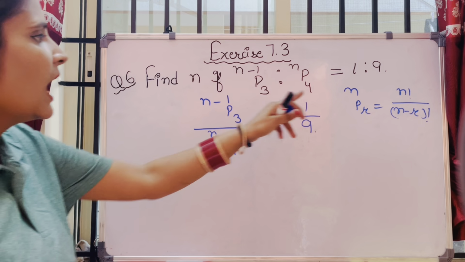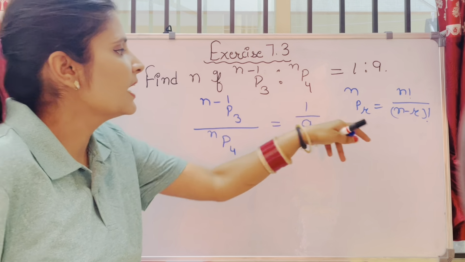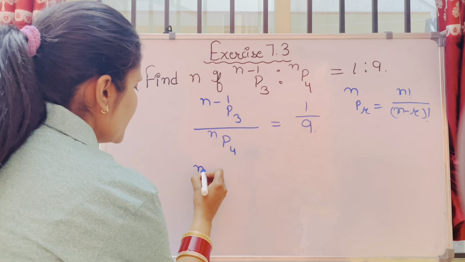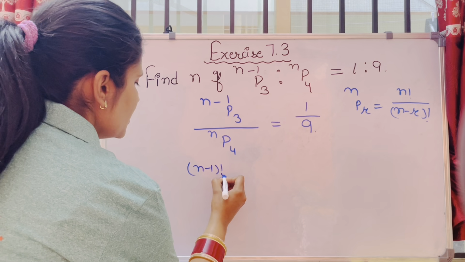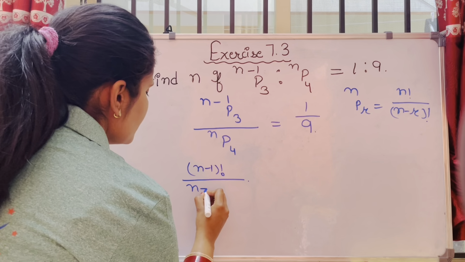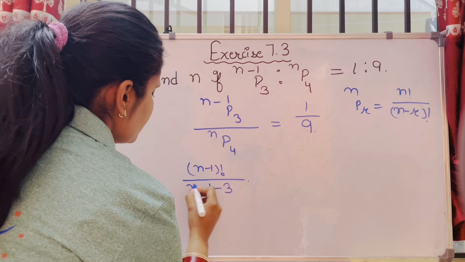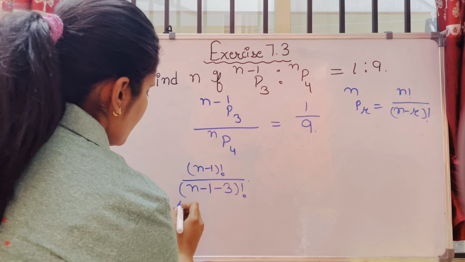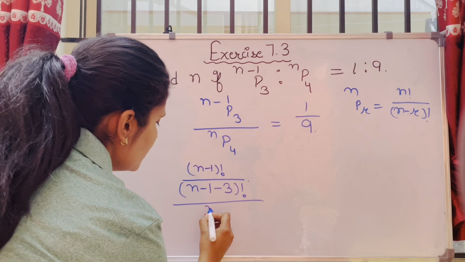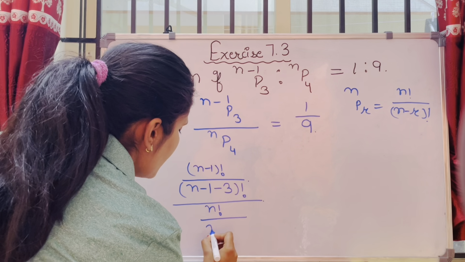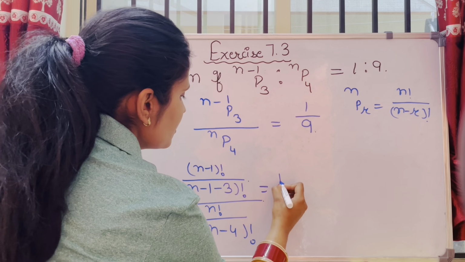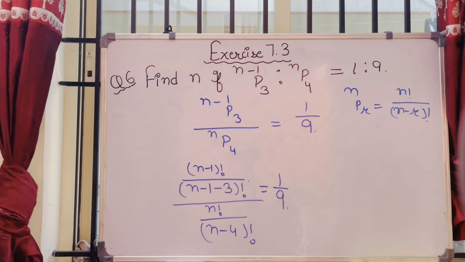So here n is equal to n minus 1 and r is equal to 3. So (n minus 1) factorial upon (n minus 1 minus 3) factorial, and in the denominator n factorial upon (n minus 4) factorial, which is equal to 1 upon 9.